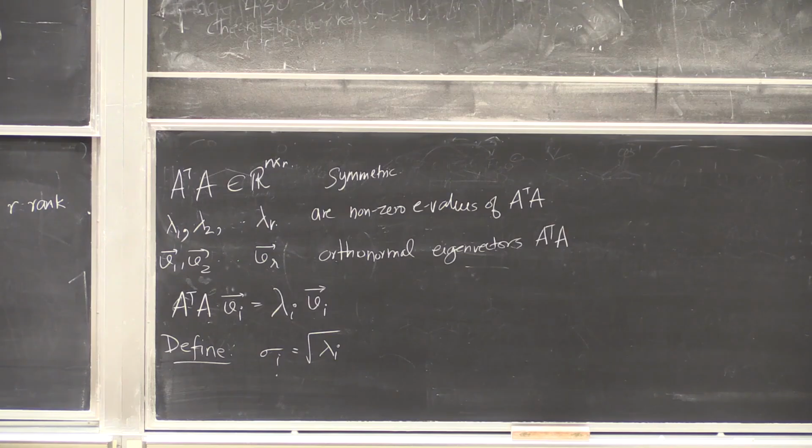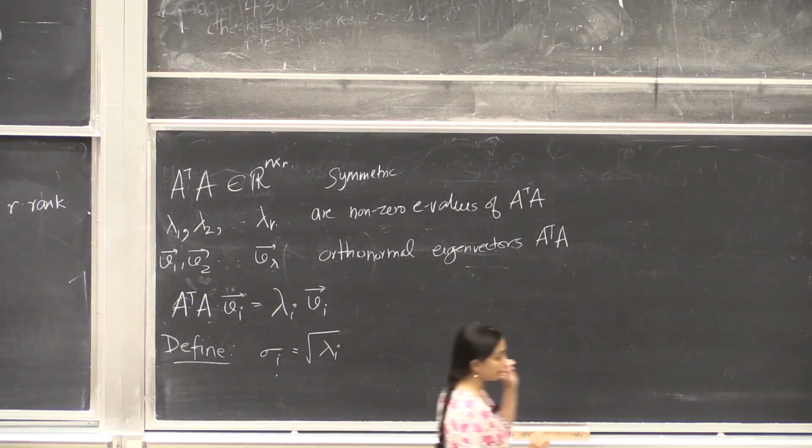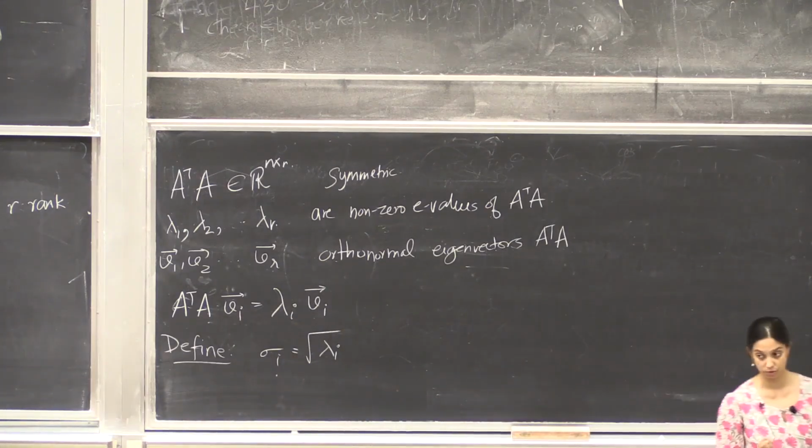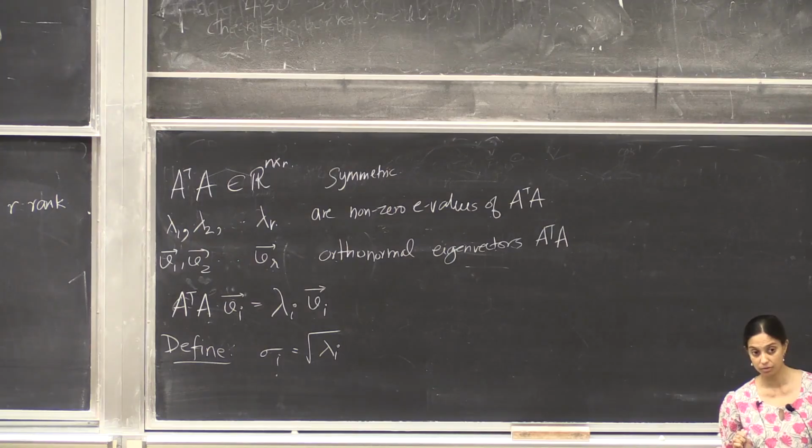Okay, so I'm getting an answer saying that yes, I can do this because the lambda i's are greater than or equal to 0. Do we know that? Yes. Why? A transpose A is symmetric, and we proved that all of its eigenvalues are real as part of the spectral theorem. The spectral theorem tells us all eigenvalues are real. Do we know that symmetric matrices can only have positive eigenvalues?